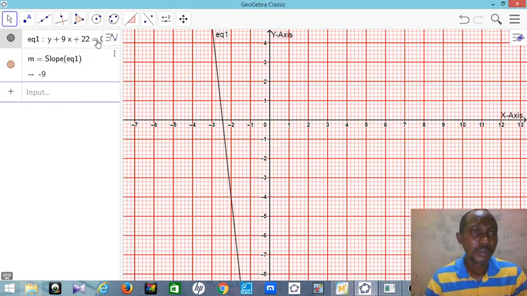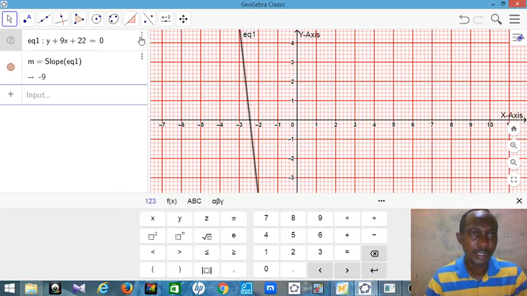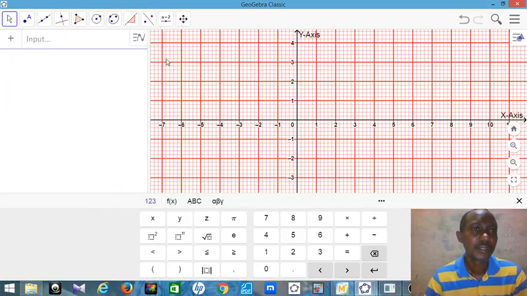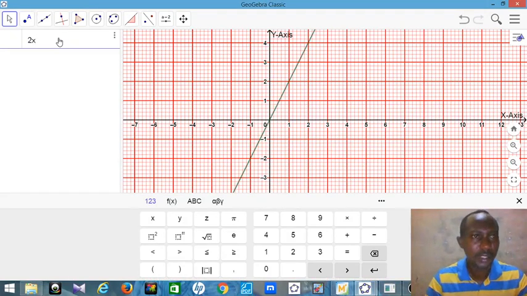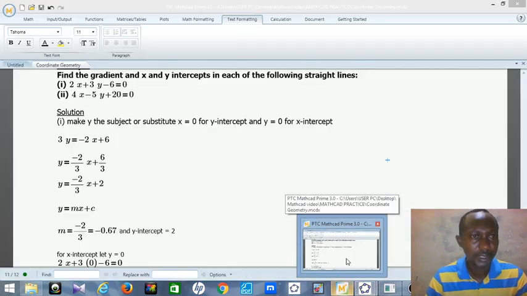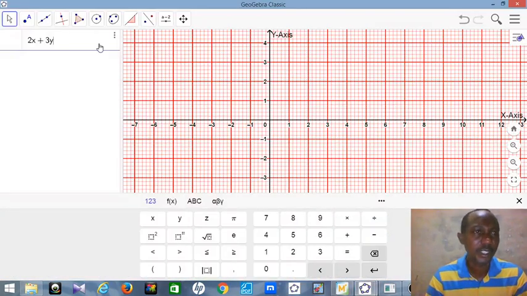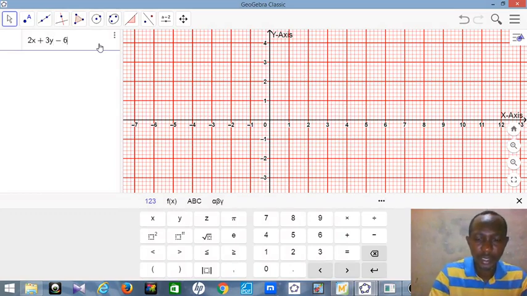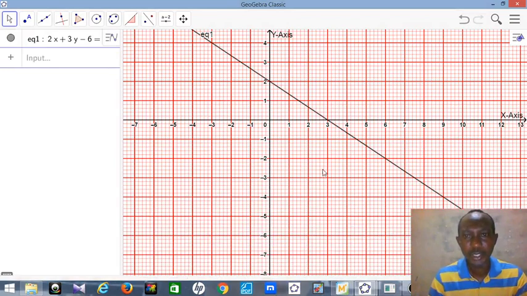Okay. Let me remove the first one I did. So I have my equation as 2x plus 3y minus 6 equal to 0. You can see the system has plotted it for us.